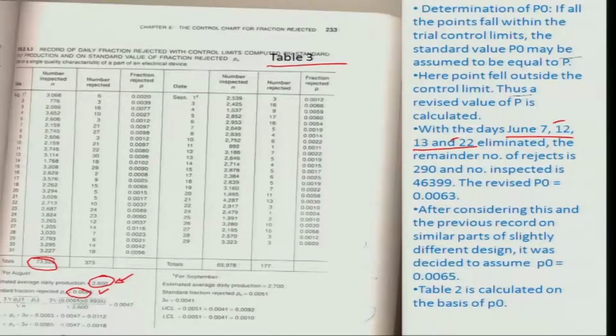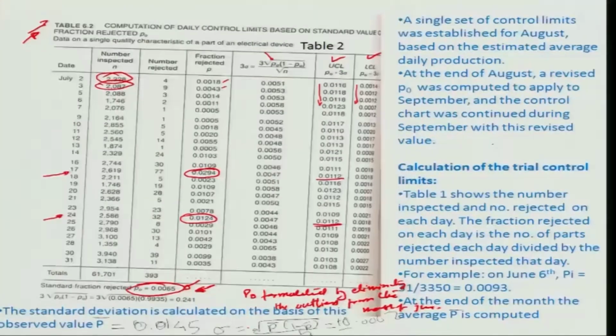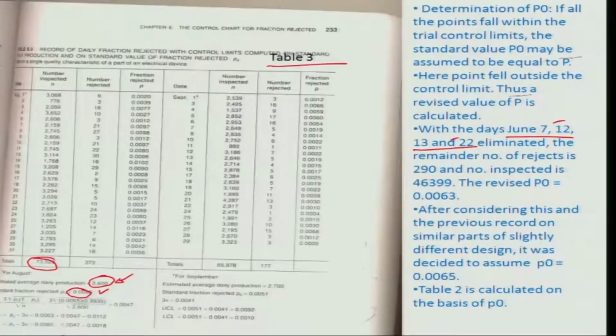In the first module you had eliminated June 7th, 12th, 13th and 22nd. In the second module, as I told you, you had eliminated July 17th and 24th, and maybe also July 7th, which is an outlier again on the lower side, as you can see. By eliminating these 3, we have calculated a fresh P0 value, which comes out to be 0.0065.